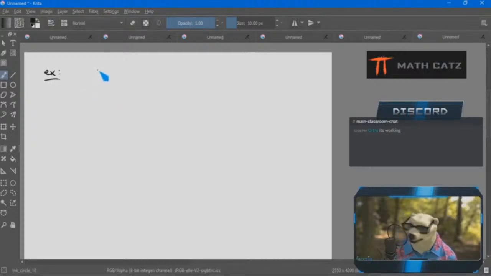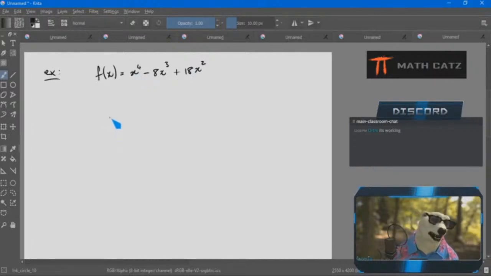So let's look at a function: x to the 4 minus 8x cubed plus 18x squared. There's a function. I don't know what it looks like. Now, in order for me to do step 4, I need to find the second derivative. In order for me to find the second derivative, I need to first get the derivative, also called the first derivative.